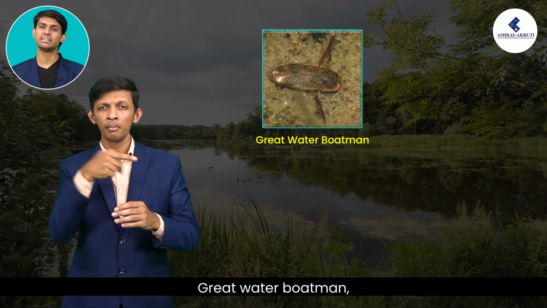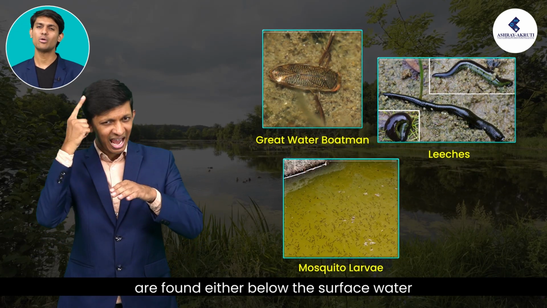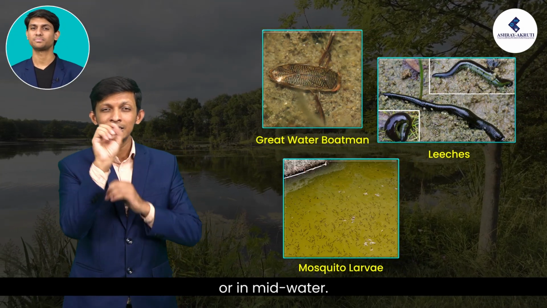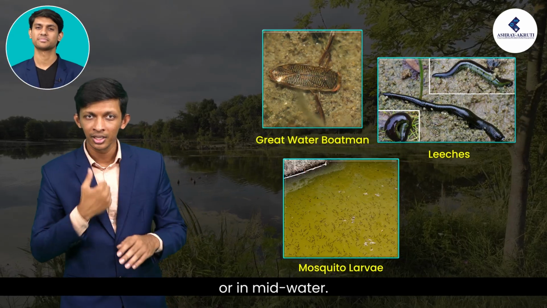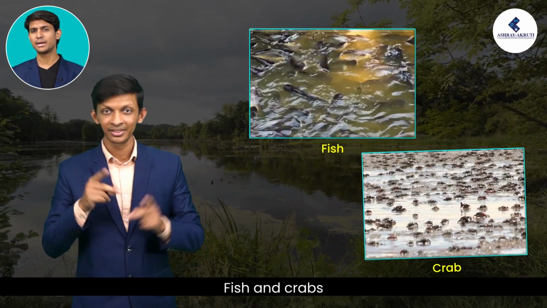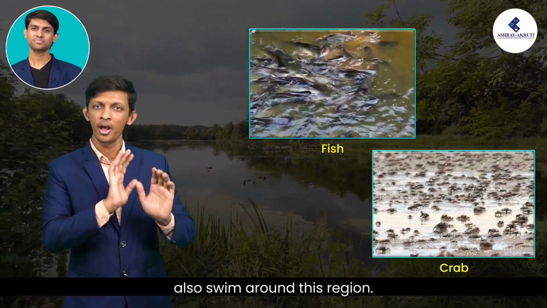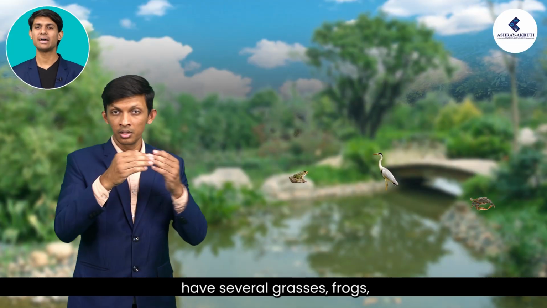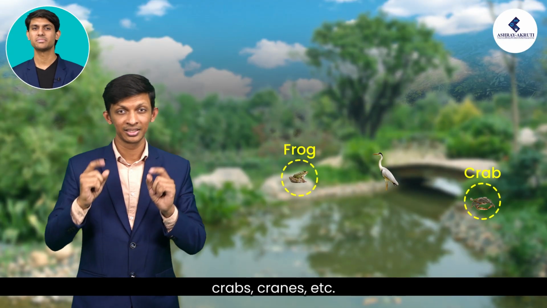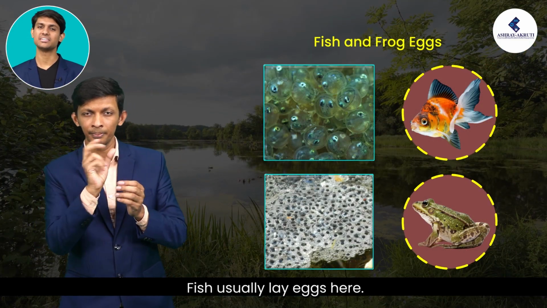Great water boatmen, leeches and mosquito larvae are found either below the surface water or in mid-water. Fish and crabs also swim around this region. Pond margins have several grasses, frogs, crabs, cranes, etc. Fish usually lay eggs here.